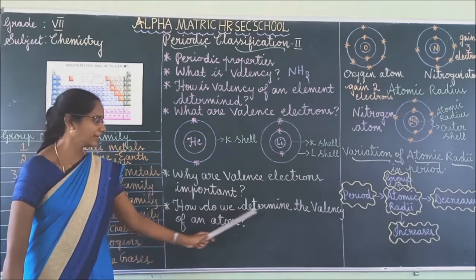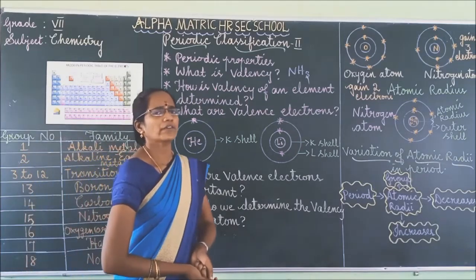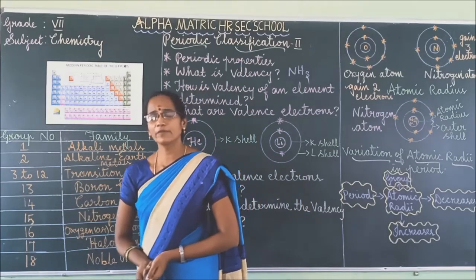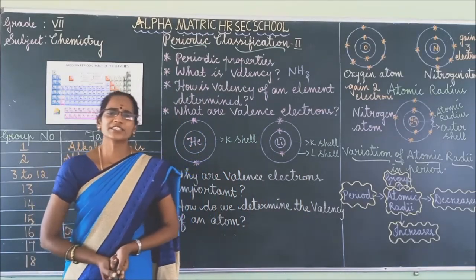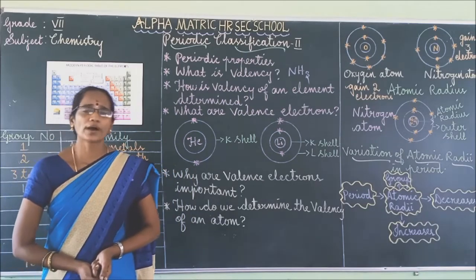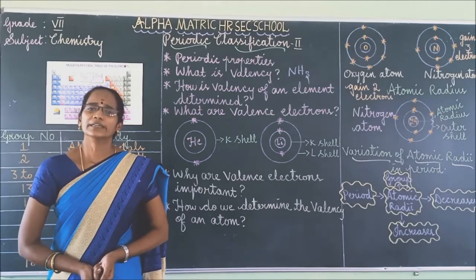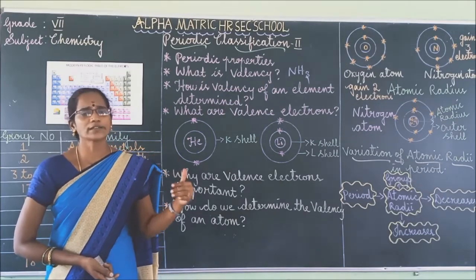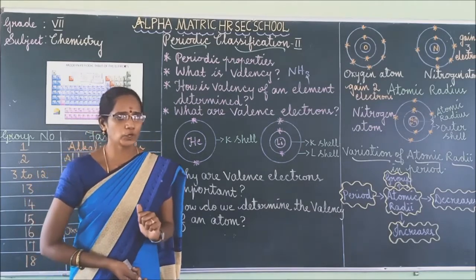The valency of an atom is determined directly by the valence electrons only. If an atom contains 1, 2 or 3 electrons, it is easier for them to lose those 1, 2 or 3 electrons to achieve the octet rule.